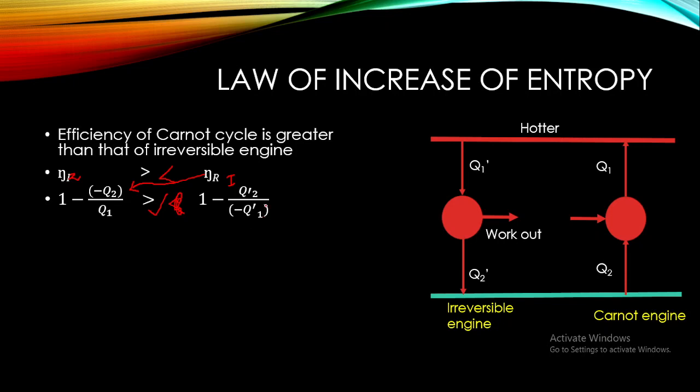Here the 1 minus on both sides can be cancelled. So minus Q2 by Q1 will be lesser than Q2 prime by Q1 prime.